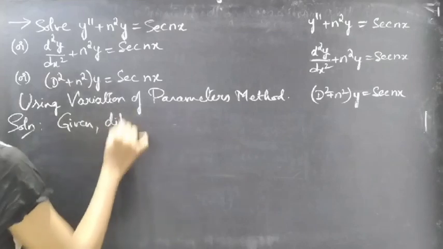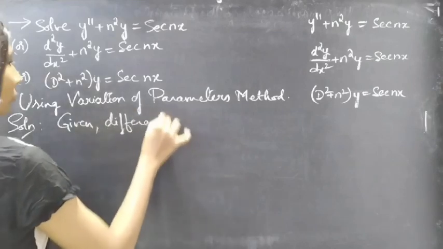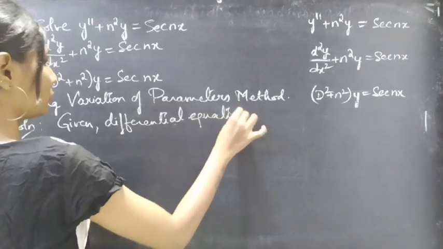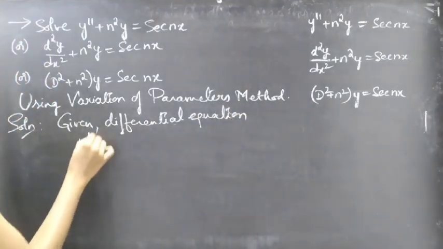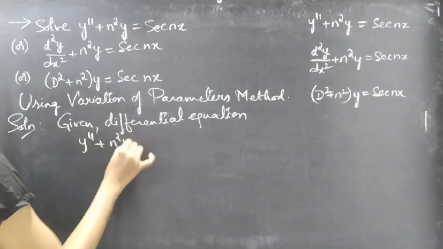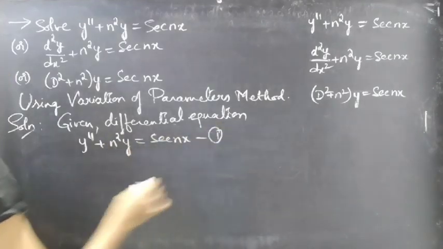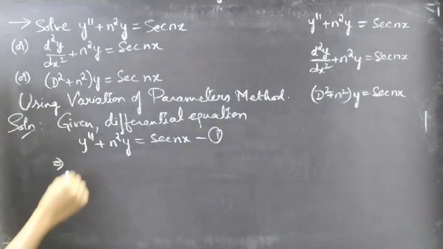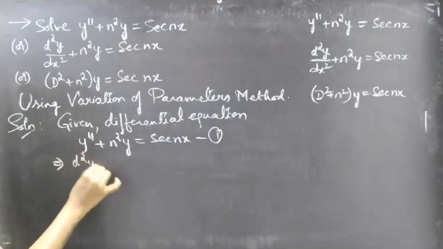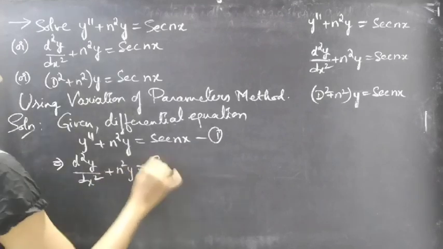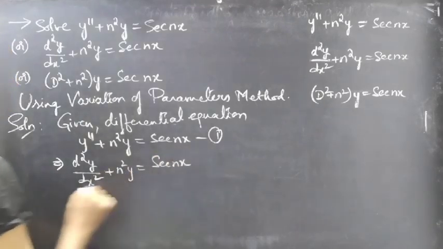Given differential equation y double dash plus n square y equal to secant nx. Consider it as equation 1. We can write y double dash as d square y by dx square plus n square y equal to secant nx.